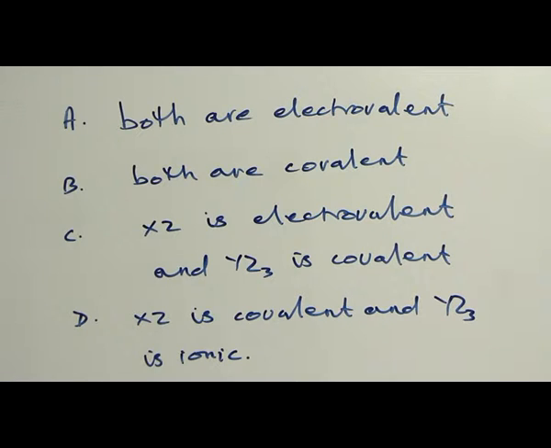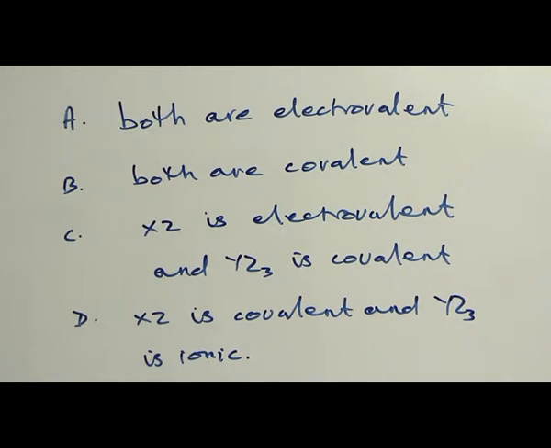C, XZ is electrovalent and YZ3 is covalent. That's the correct option, because X and Z is a bond between a metal and a non-metal. That of Y and Z3 is the bond between two non-metals, and so consequently it is covalent.